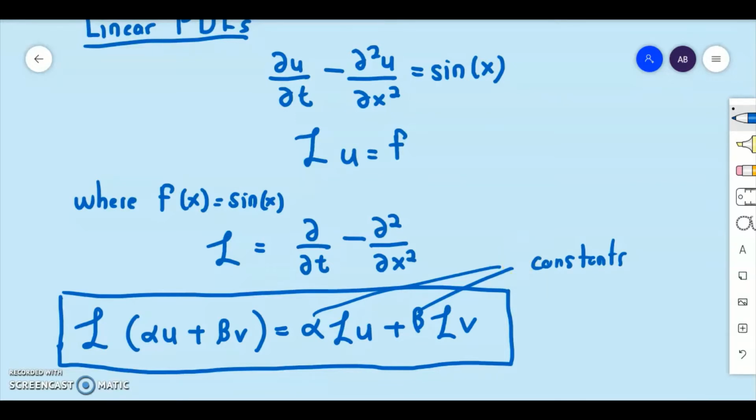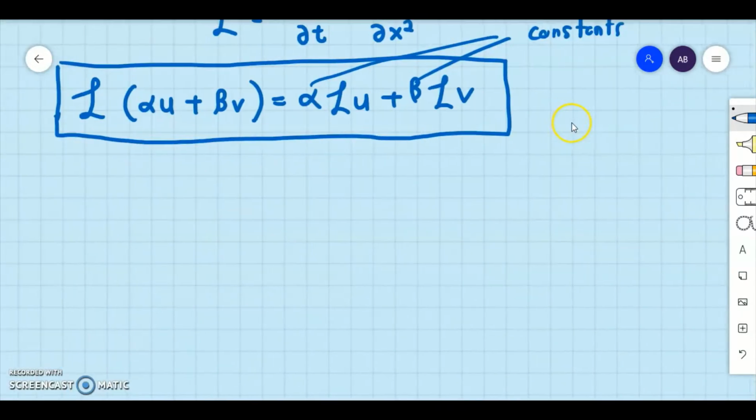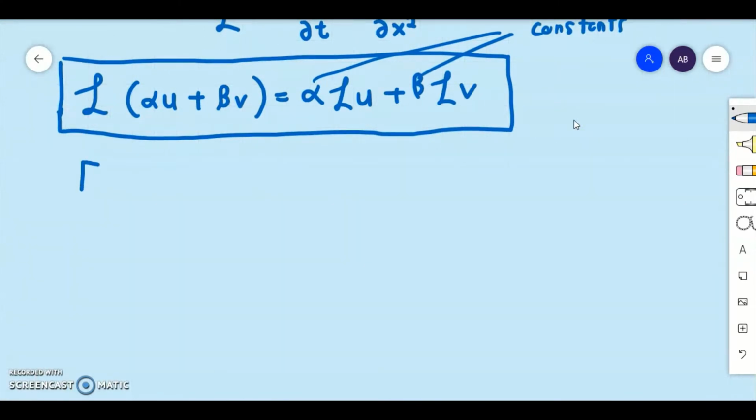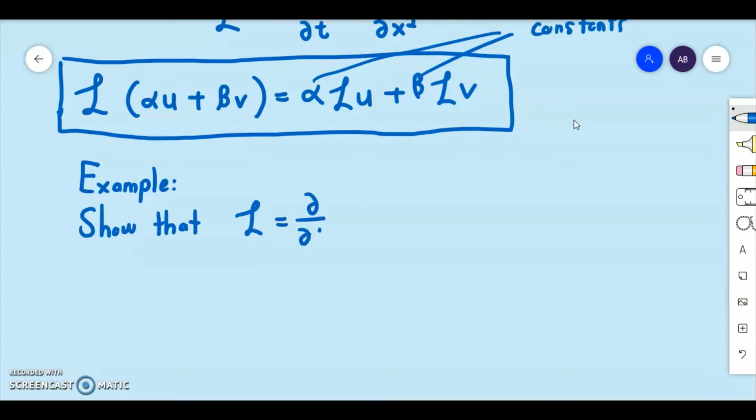Okay, so I can show you one example. Show that my linear operator, such as partial over partial t plus x partial squared over partial x squared, is linear.